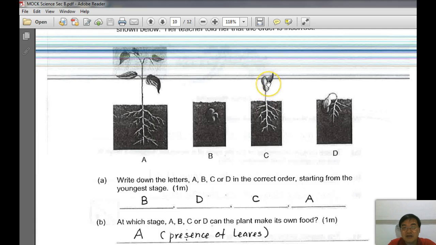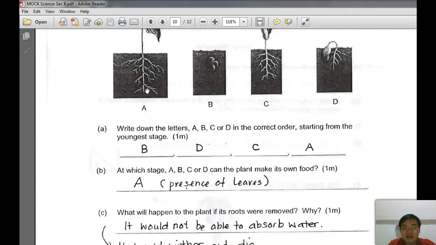Of course, you may not be marked wrong if you put C, A and C, because it starts to make food, but it is much clearer in answer if you put A.